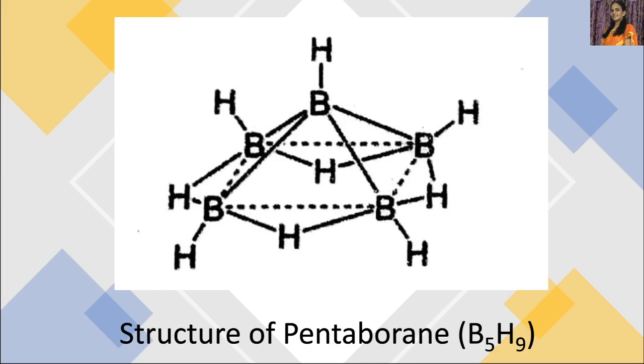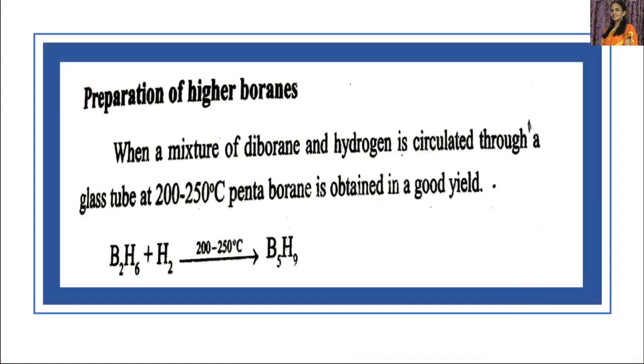So this is the nido structure of B5H9. It contains BH2 groups, BHB bridges, and BB bonds as well.